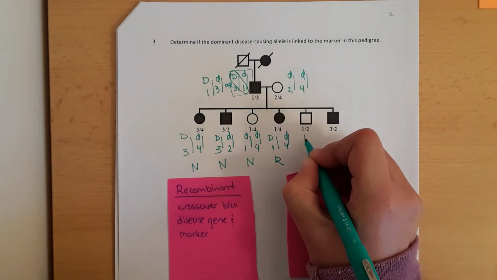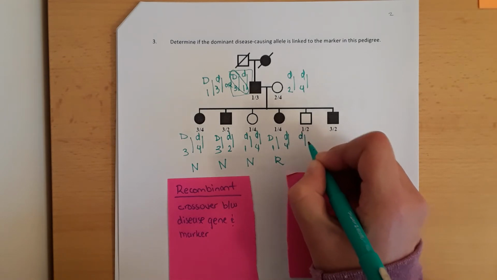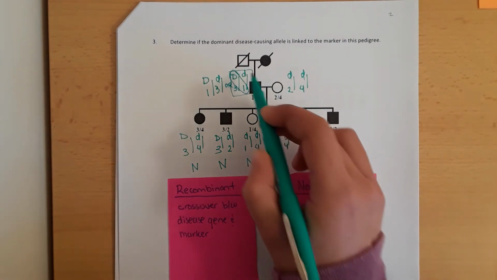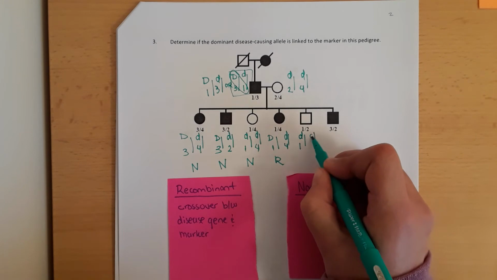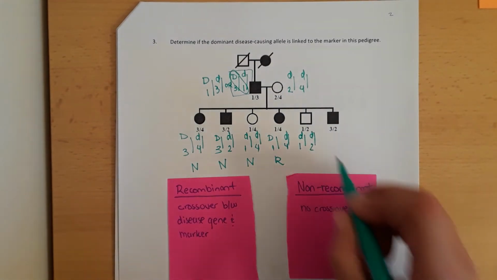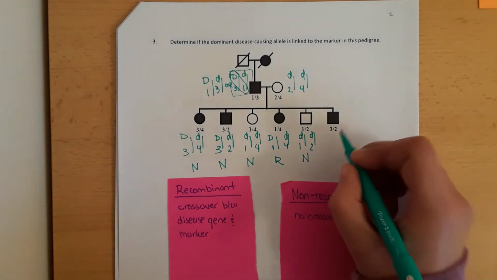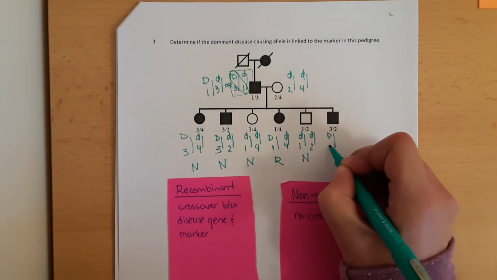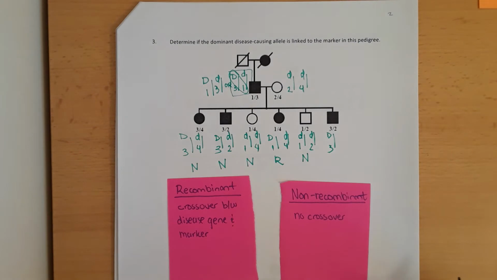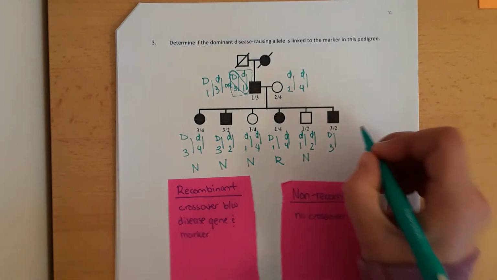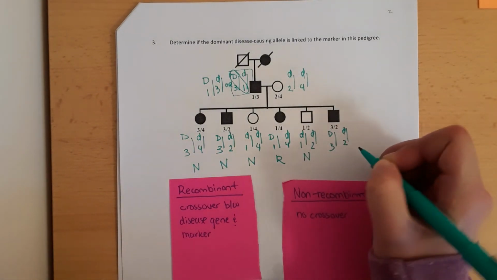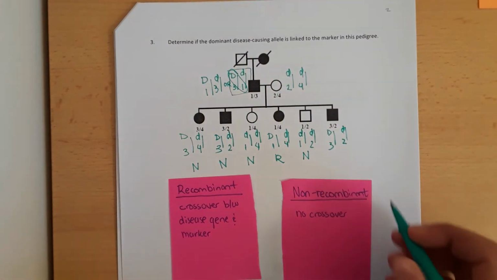Now for this person, we have D1 as normal, and small d2, which is what it's supposed to be, so non-recombinant, no crossover occurred. And similarly here, we get the disease gene with 3, and then small d, which is 2, which is expected.